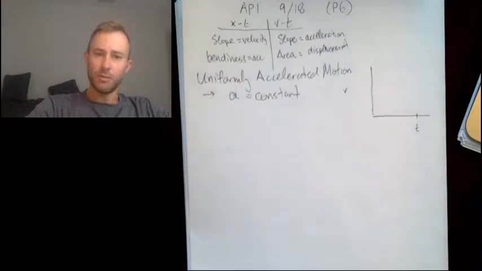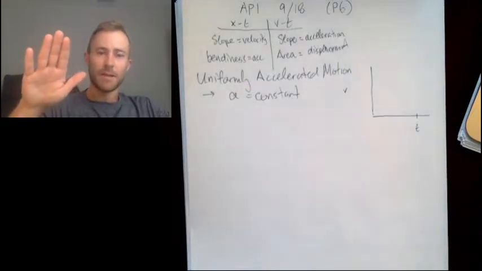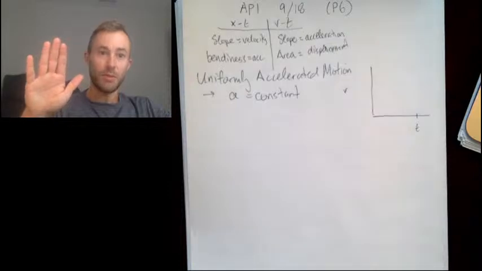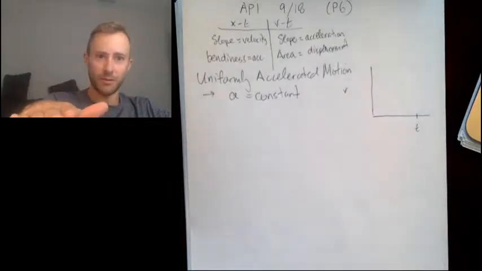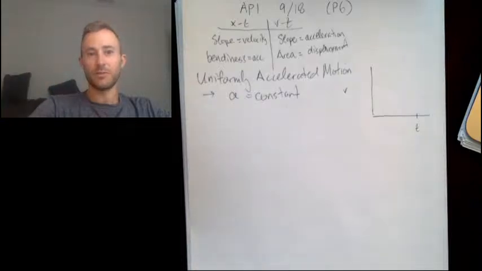Another example would be if you're on the freeway, you push the gas pedal down and you achieve one acceleration, but then midway through you push the gas pedal down further, your acceleration, your rate of increase of velocity, is going to then increase. So you have two different accelerations.